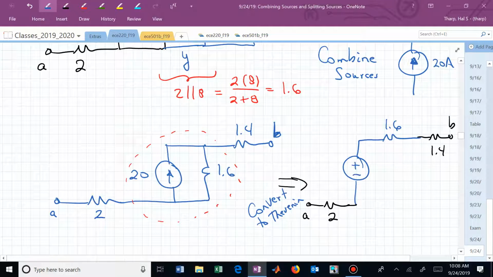And what's the value of that voltage source? That voltage now is between those two points. This is now 20 times 1.6, or 32 volts.